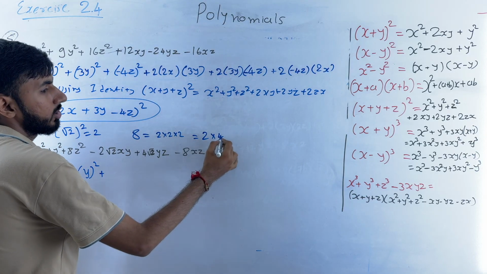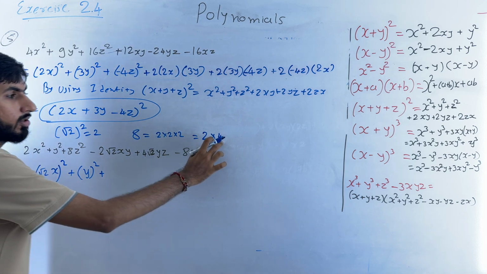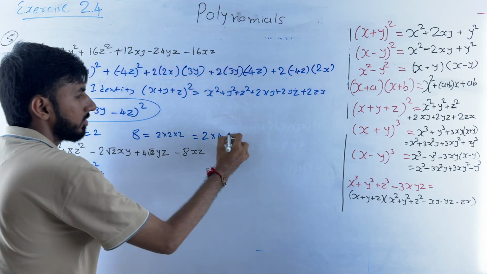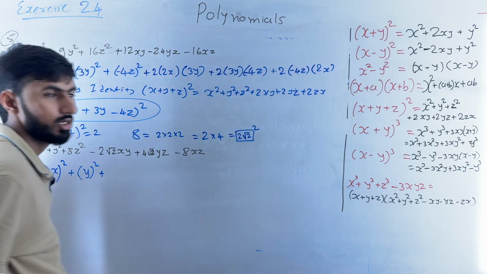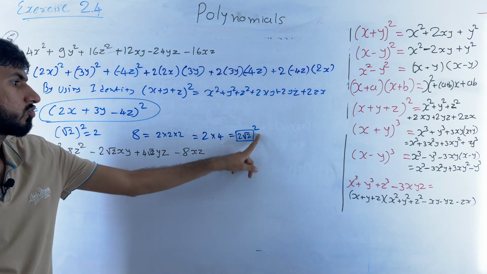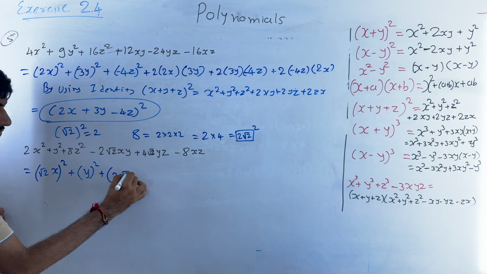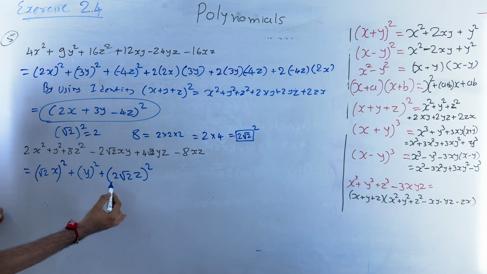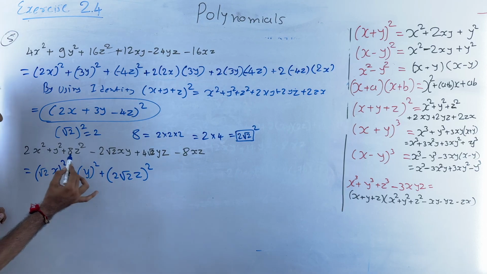Now 4 is square of 2, so there is no problem writing 4 in square, and 2 is square of root 2, so I can write 2 root 2 square, right? 2 square, that is 4, root 2 square, that is 2. Very easy. So 8z square is equal to 2 root 2 z whole square. Now if you do a square of this term, 2 square, that is 4, root 2 square, that is 2, 4 multiplied 2, that is 8, and z square, so 8z square.